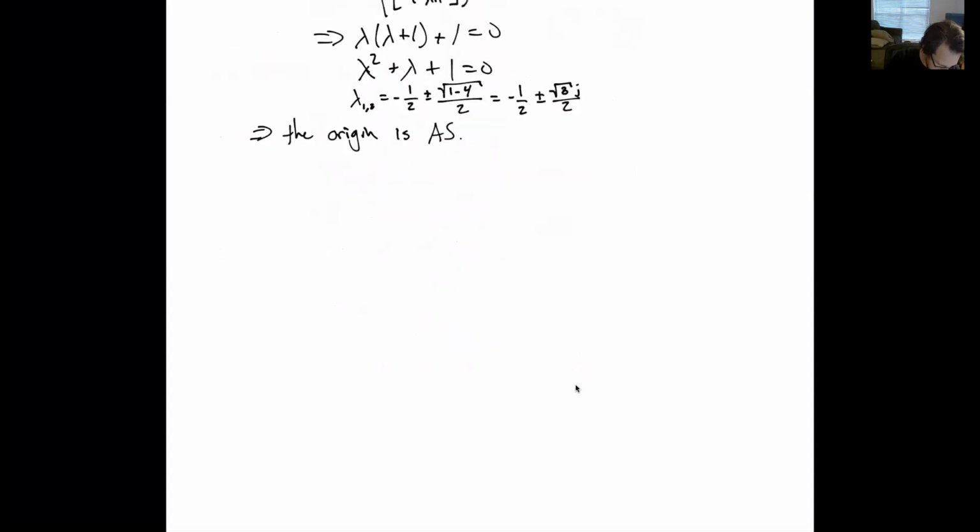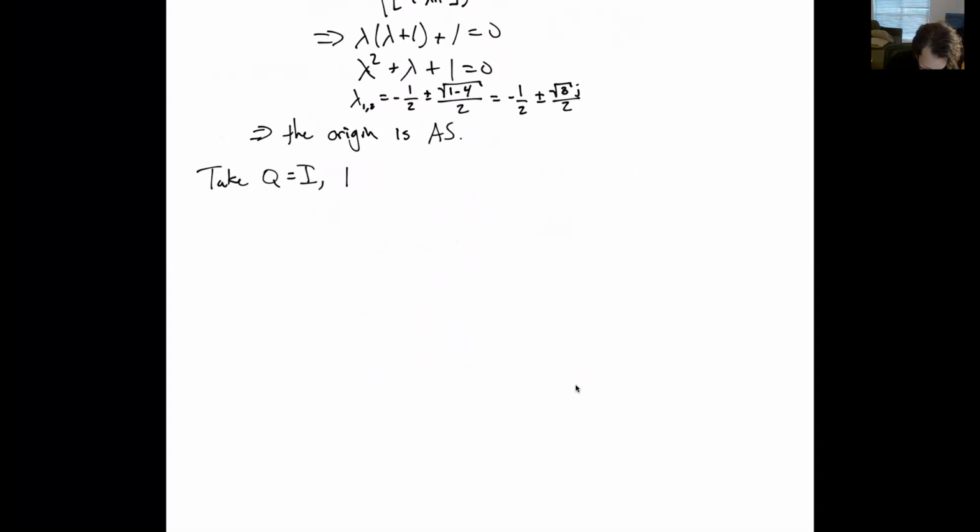All right, so now, using the theorem that I presented last time, we can assume a value of Q and we're guaranteed to have a P. Okay, so let's take Q equal to the identity matrix.